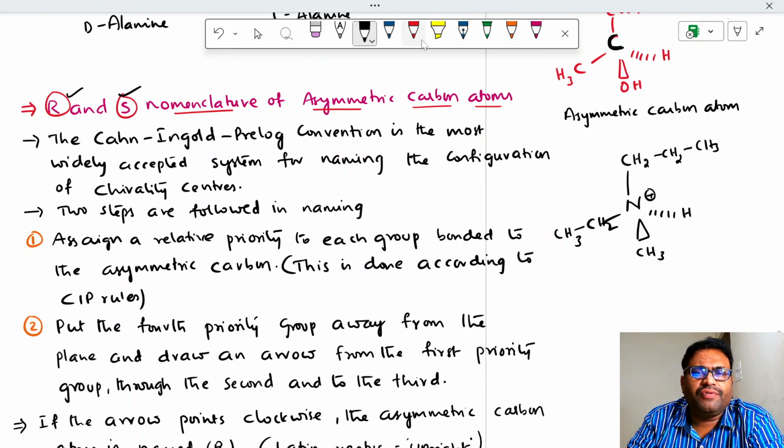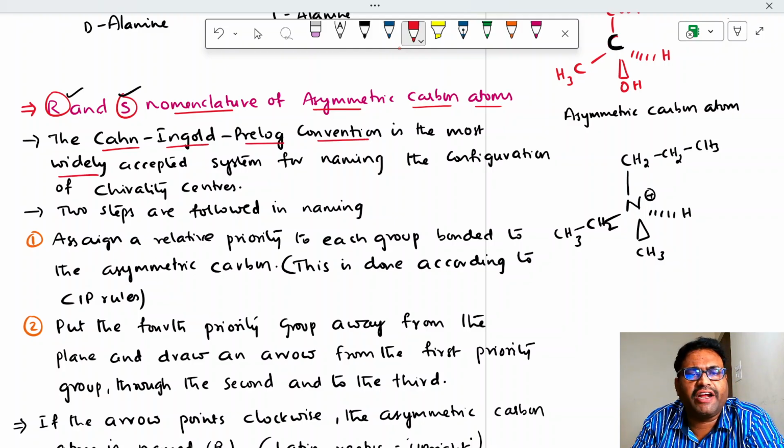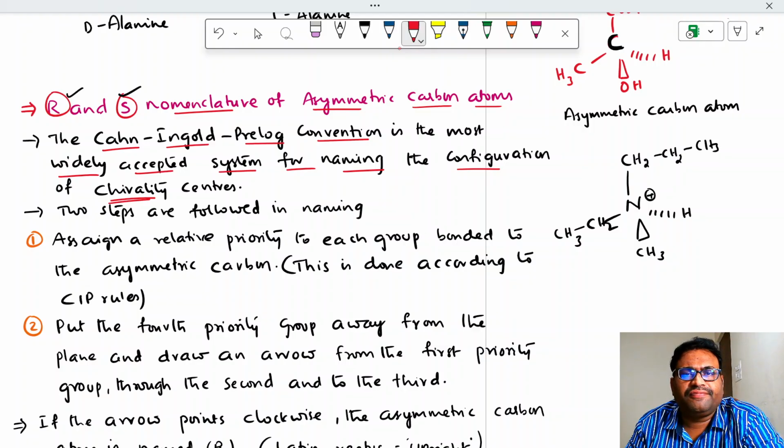The Cahn-Ingold-Prelog convention is the most widely accepted system for naming the configuration of chirality centers. So, in naming R and S for the chiral center, what rule is followed? What convention is followed?